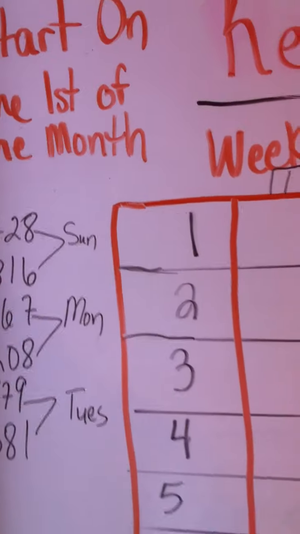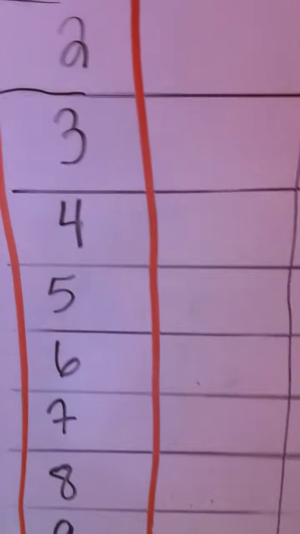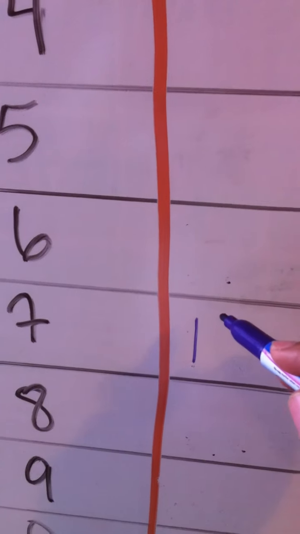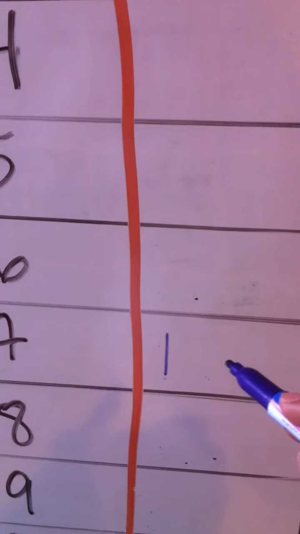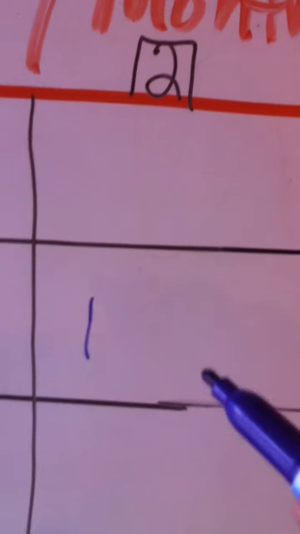So on Sunday, December the 1st, it was 7:28 in Georgia. So I will go down and find the 7 because it fell in the first place, and I would make a mark on the 7. And then the 2 fell in the second place, so I would go up and find the 2, go over to the second space, and put a tally mark in the 2.